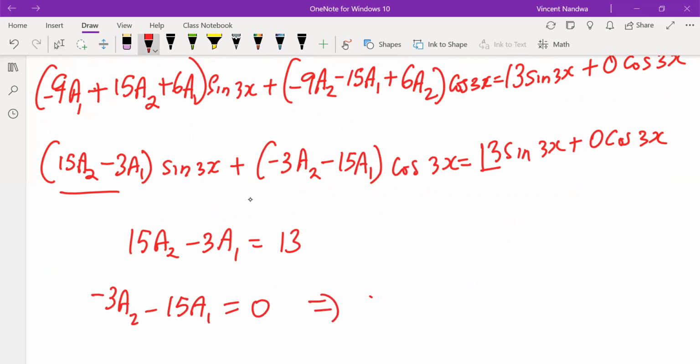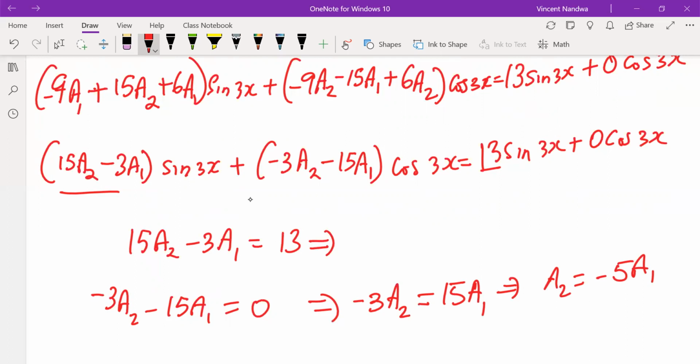From this we have minus 3a2 equals 15a1, which means a2 is minus 5a1. Now when I replace here, I'll have 15 into minus 5a1 minus 3a1 equals 13.